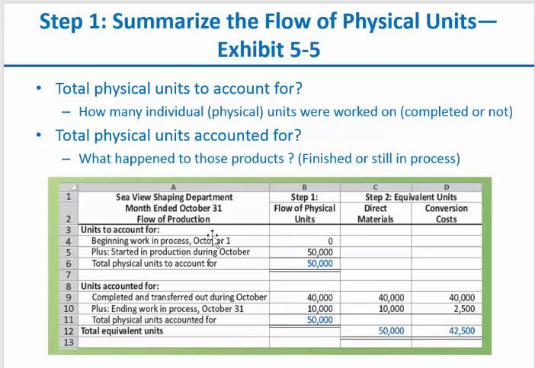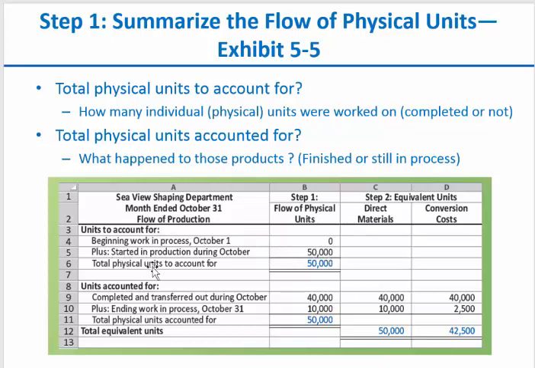If you look at this table, we're going to focus on this B column, step 1, flow of physical units. I'm going to walk you through this entire column. First, we want the units to account for. Beginning work in process October 1, basically we have 0 physical units. And during October, we are going to manufacture 50,000 units.